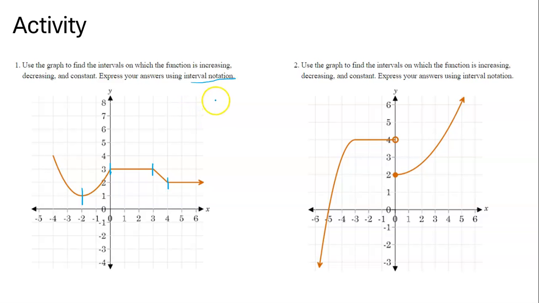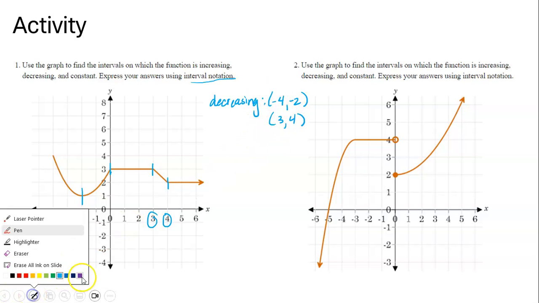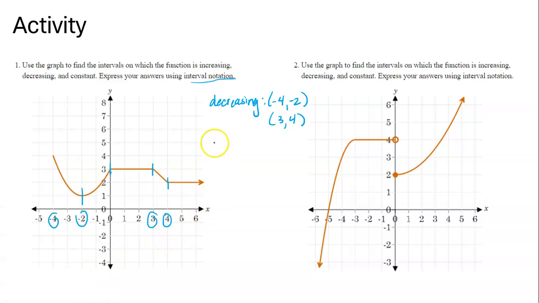So for decreasing, I have from -4 to -2, and from 3 to 4. For increasing, I have from -2 to 0.